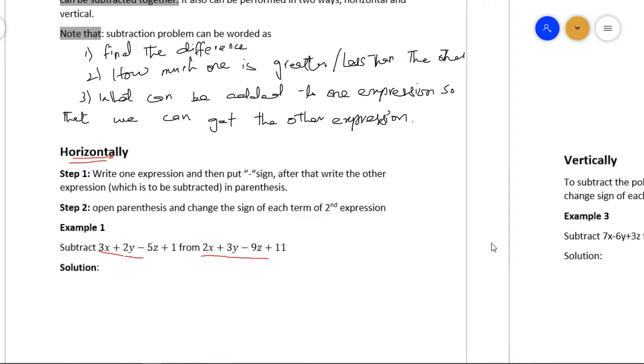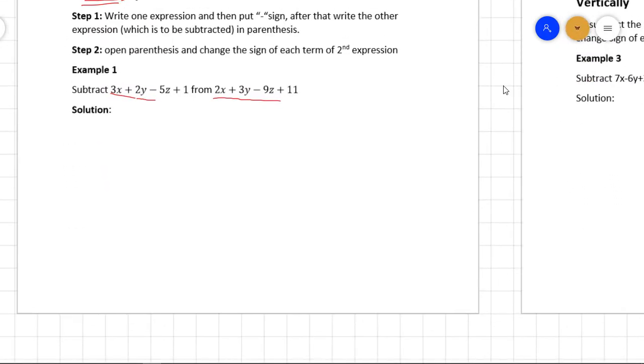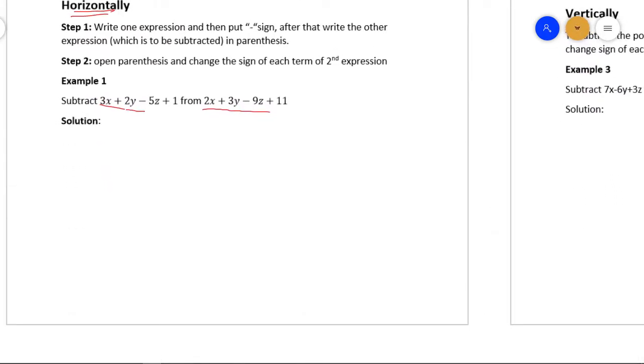Sorry, the second polynomial we will write first: 2x plus 3y minus 9z plus 11. Now we have to subtract the first polynomial from this.